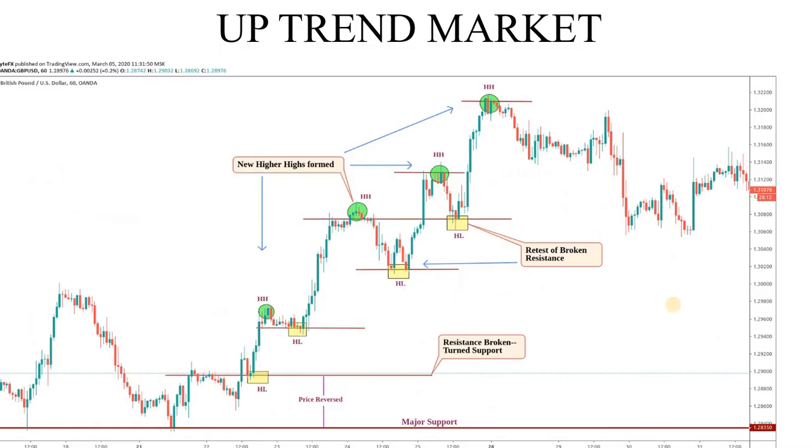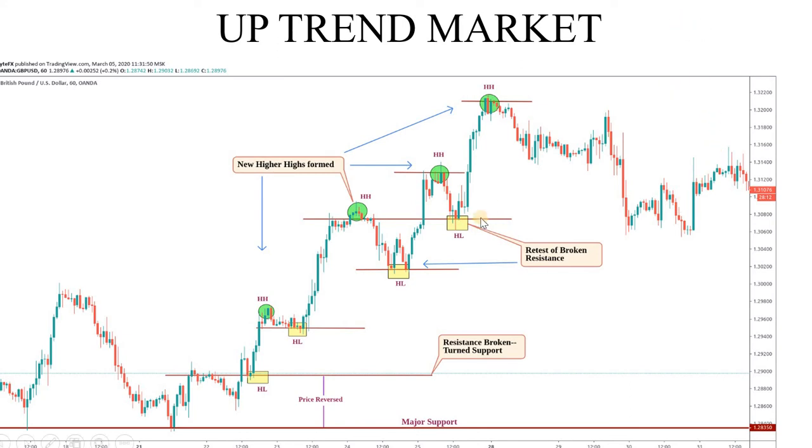Now when you open your chart and you are able to identify the structure of the market, that the market is either moving in an upward trend, a downward trend, or a ranging market, what do you do? How do you trade such a market? So we have what we call support and resistance. We use the support and resistance to trade this market.